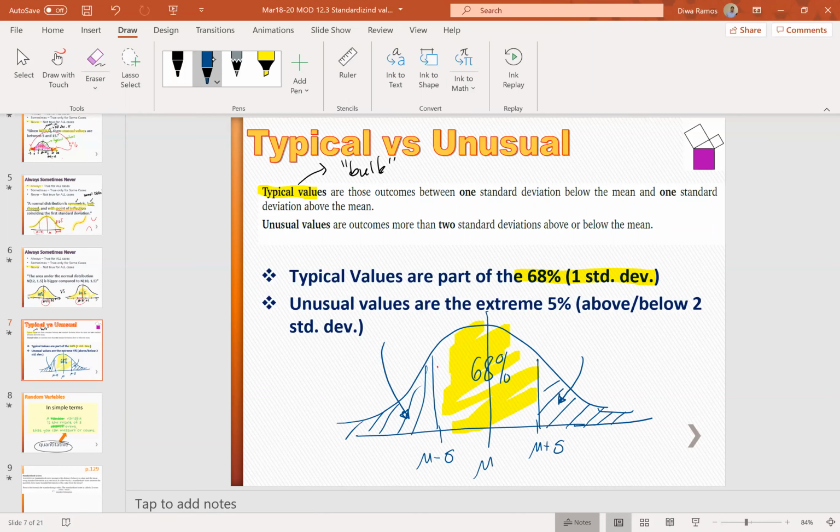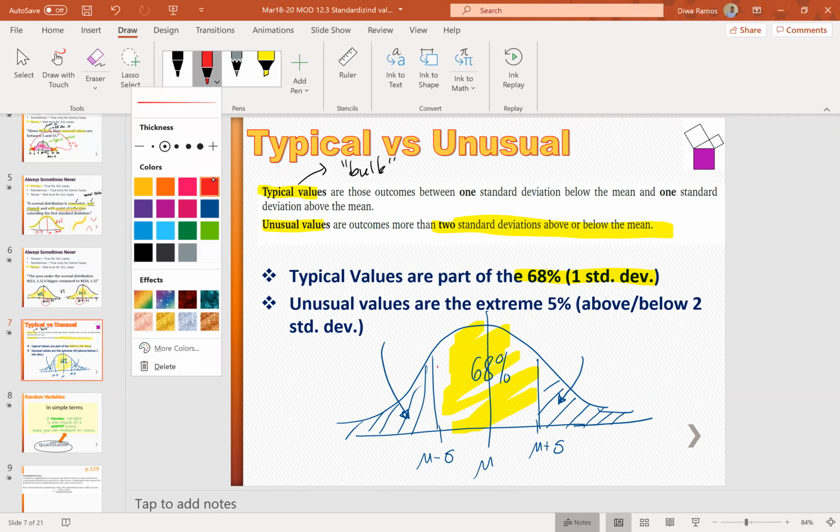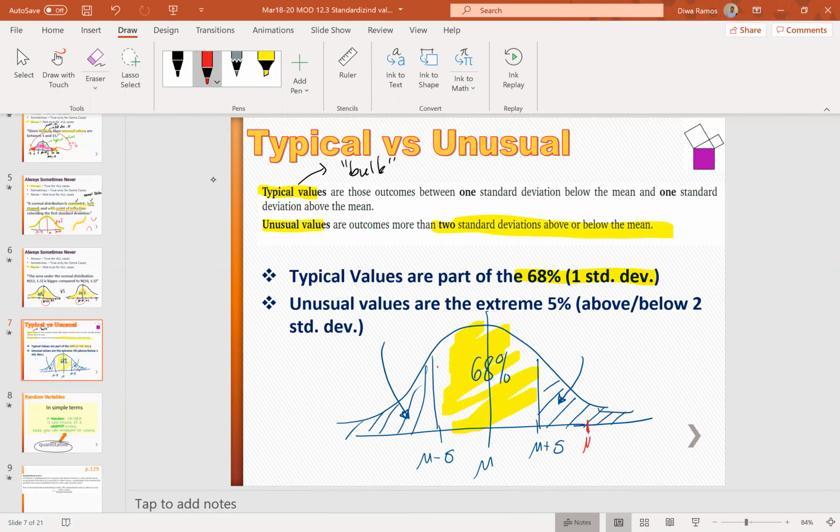Unusual values, on the other hand, are two standard deviations above or below the mean. So let me switch color marker. If this is the second standard deviation, that's the mean plus two standard deviations. And then you move again one standard deviation here, so minus two standard deviations already.